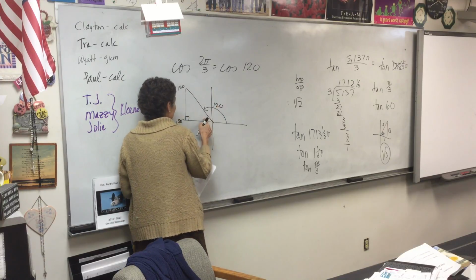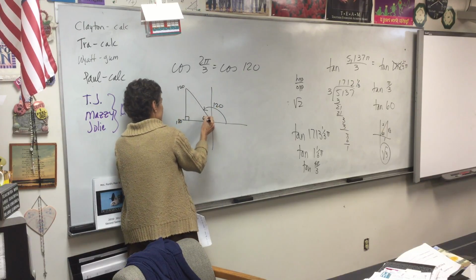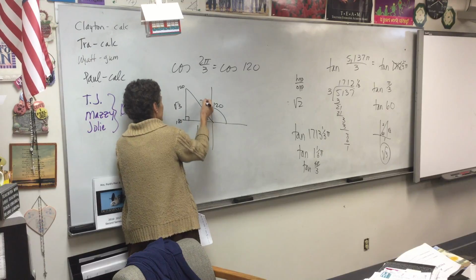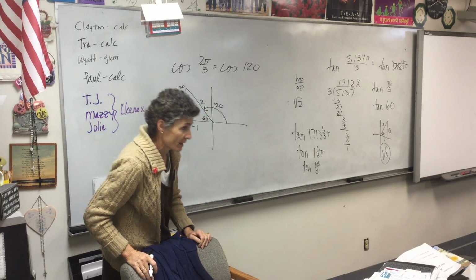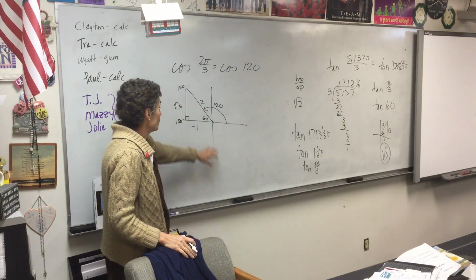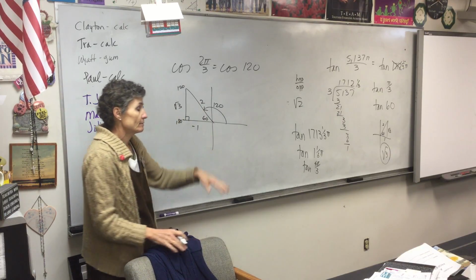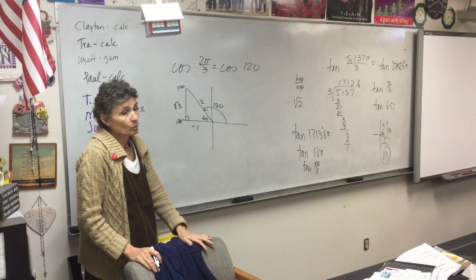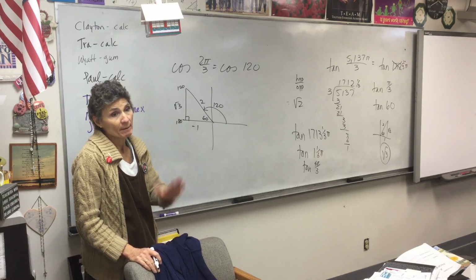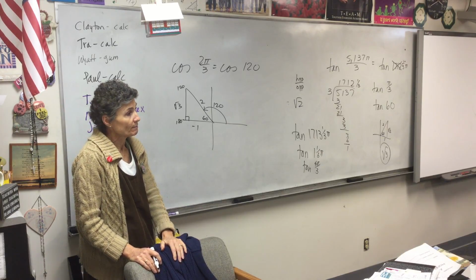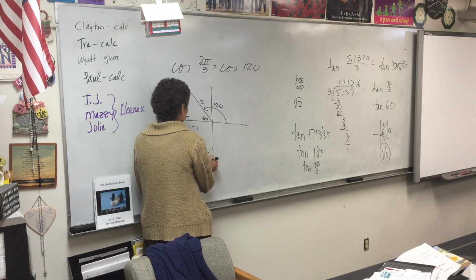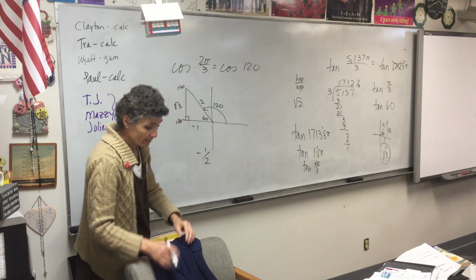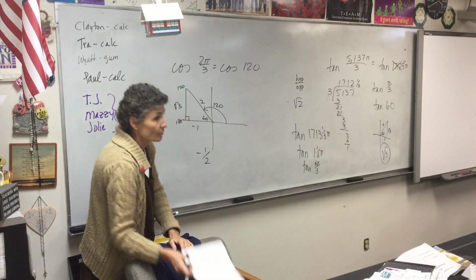How big is my reference angle? 60. So you've done this so many times, those numbers are automatic for you, or I hope they are. Notice I put a negative here because I'm not in quadrant 1, and anytime I'm not in quadrant 1, something's going to be negative. So the cosine would be -1/2, adjacent over hypotenuse. You okay?